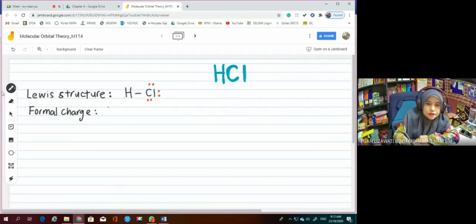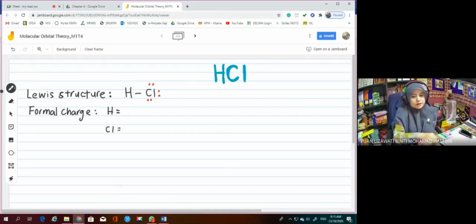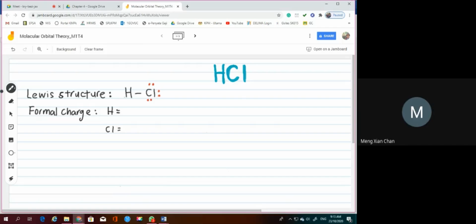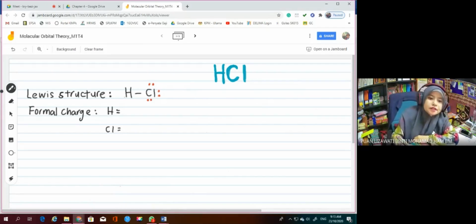Okay, so we start with hydrogen. Okay, Chan, can you calculate the formal charge for hydrogen? Zero. Zero. Cl? Zero. Okay, good. So remember how to calculate. We have one valence electron.